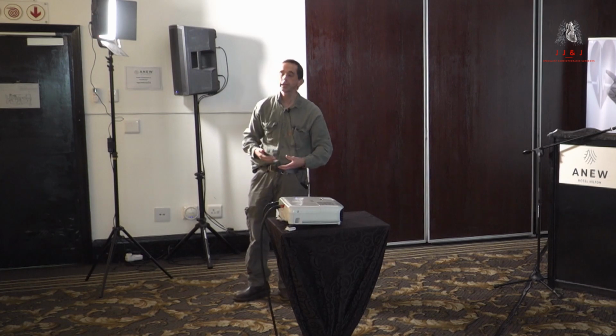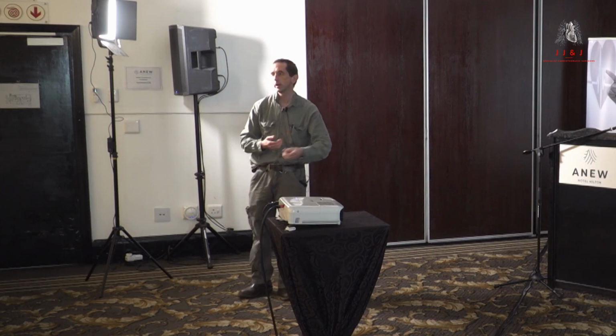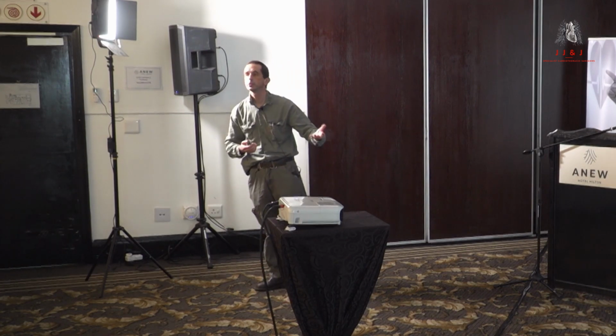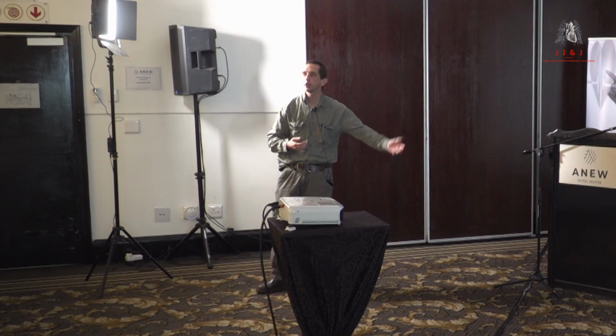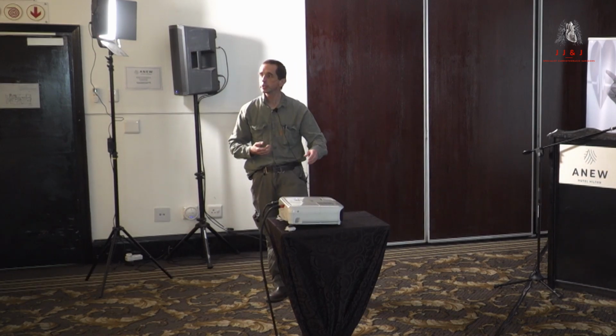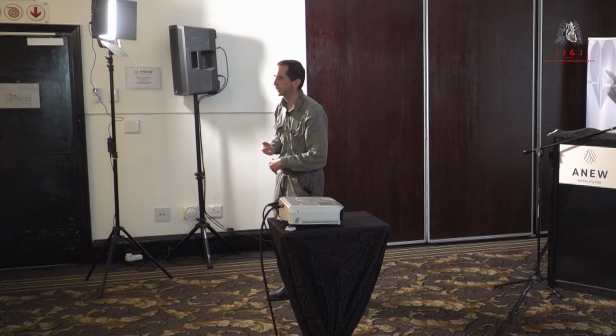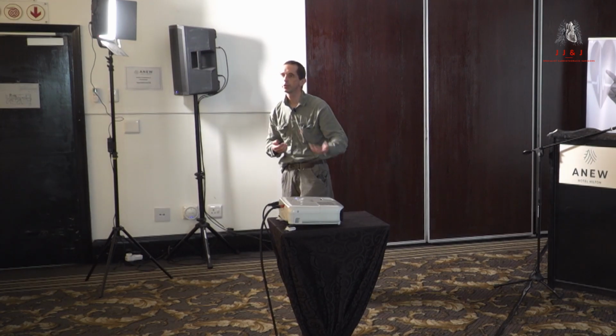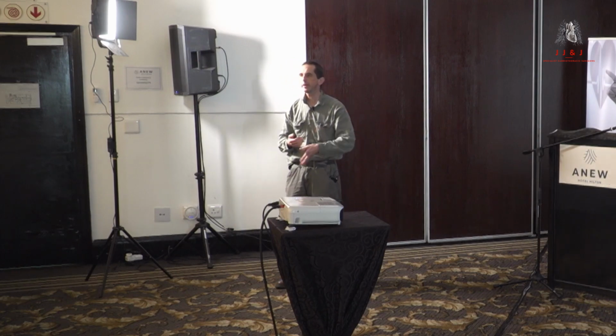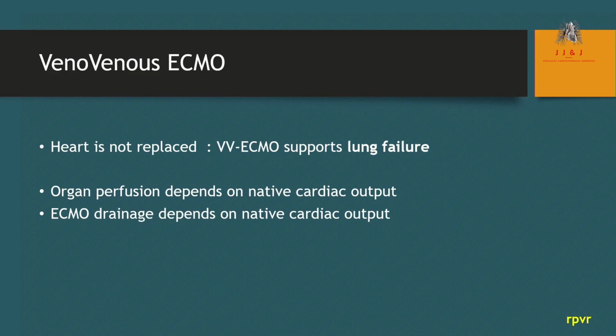So in veno-venous ECMO, the heart is not replaced, and your organ perfusion depends on having a native cardiac output, and actually, the flow of blood through the system that ultimately feeds into your ECMO machine depends on having a native cardiac output. So if the heart stops beating, you're doubly in trouble.